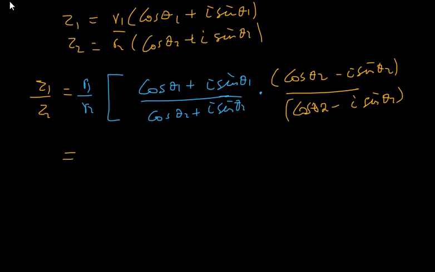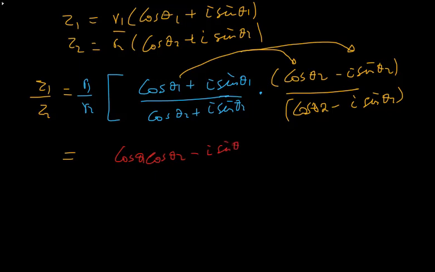Let's distribute here. Distribute cosine of theta 1 to cosine of theta 2 and i sine theta 2. That gives cosine of theta 1 times cosine of theta 2 minus i times sine theta 2 cosine of theta 1. Now let's distribute again i sine theta 1, just the same thing here.